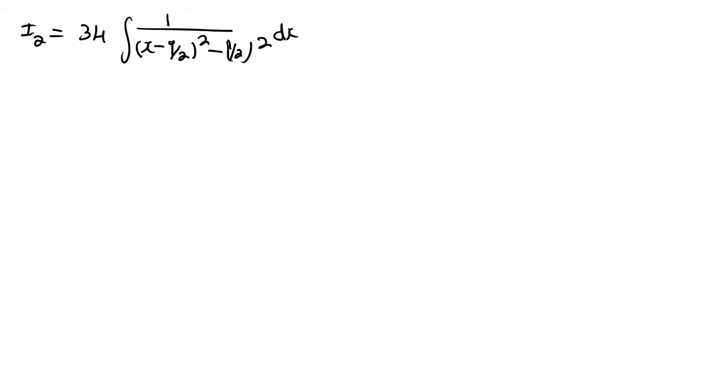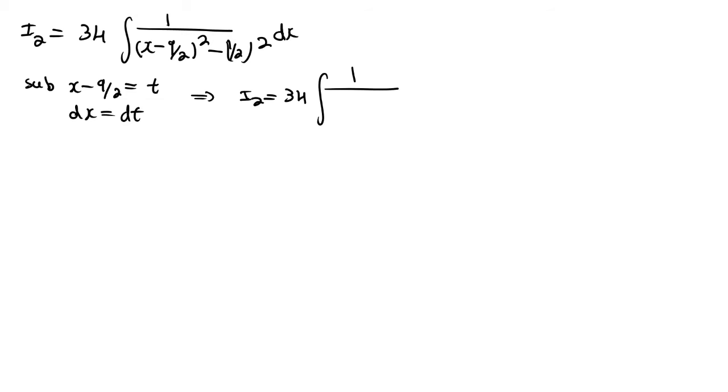Substitute x minus 9 by 2 equal to t, then if you differentiate, dx value is equal to dt. So substituting, I2 is equal to 34 into integration of 1 by t square minus 1 by 2 whole square, into dt.